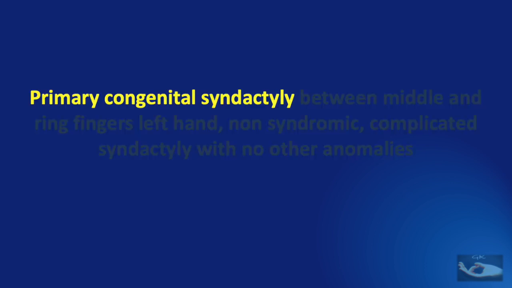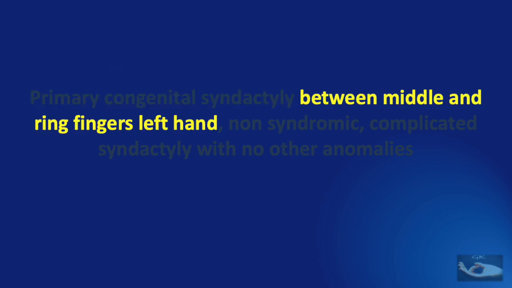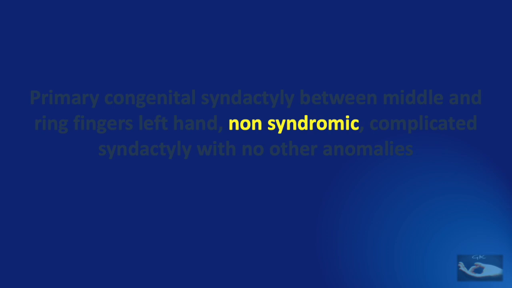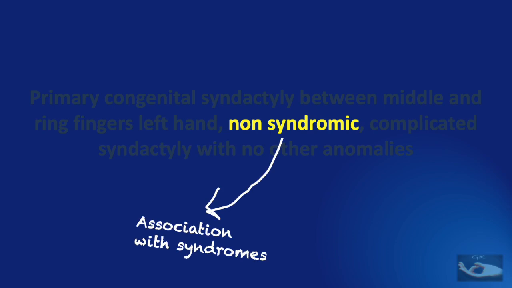The congenital syndactyly refers to the etiology. It refers to primary syndactyly. The middle and ring fingers of the left hand, of course, indicates the involvement in the hand. The term non-syndromic refers to the association of the syndactyly with syndromes.